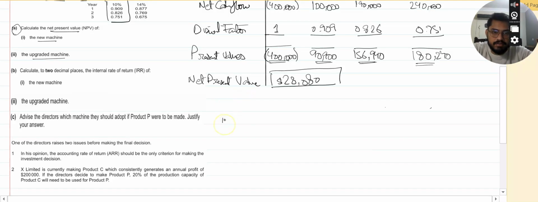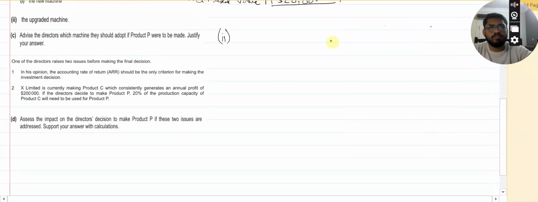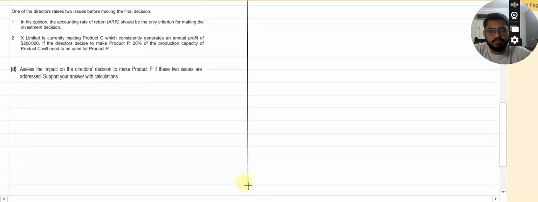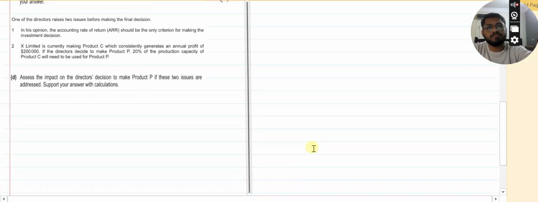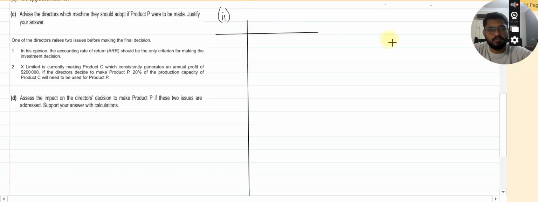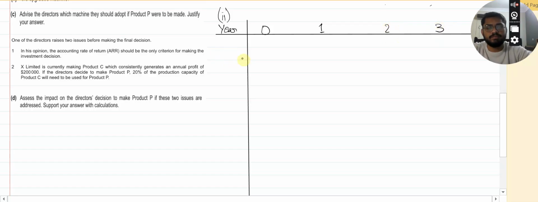We have to calculate the NPV of upgraded machine now. So again, let's draw a format for this first. We will write down the years over here, year 0, year 1, year 2 and year 3.